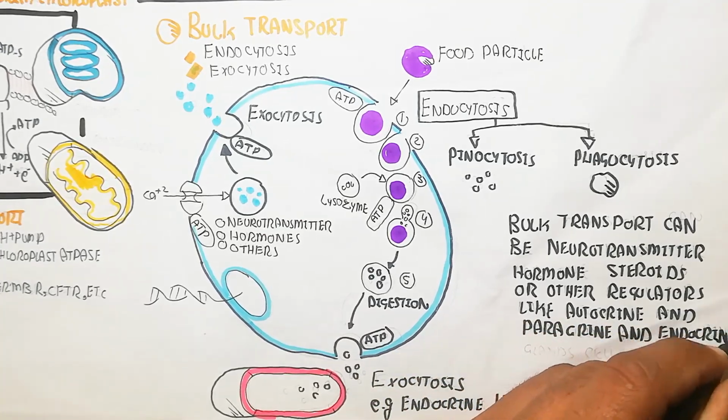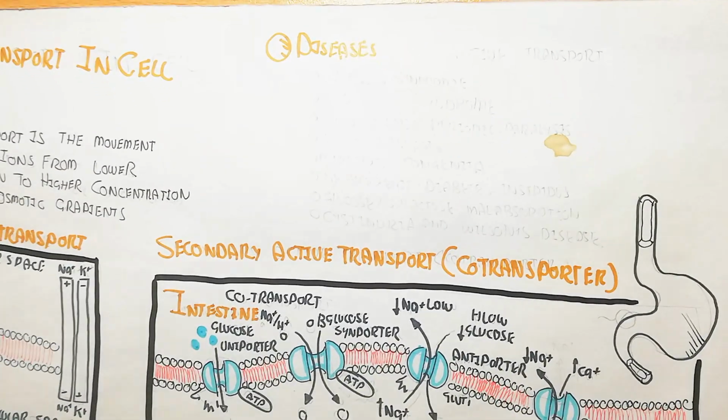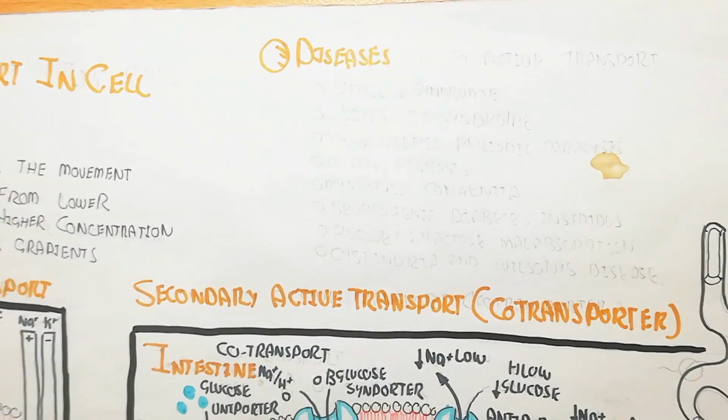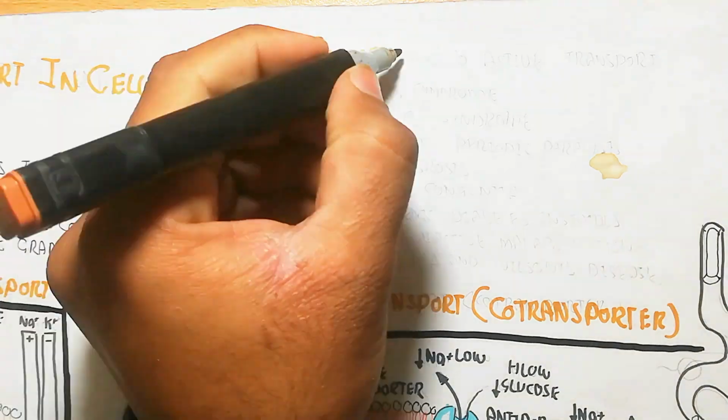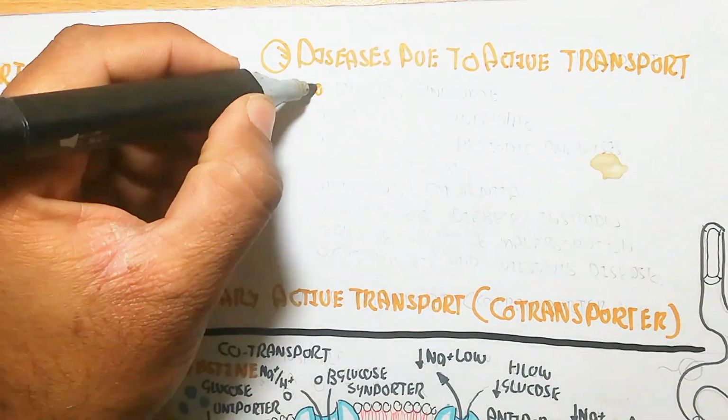Now let's understand the diseases due to active transport disturbance. In the next video, we will understand all types of the diseases briefly, one by one.